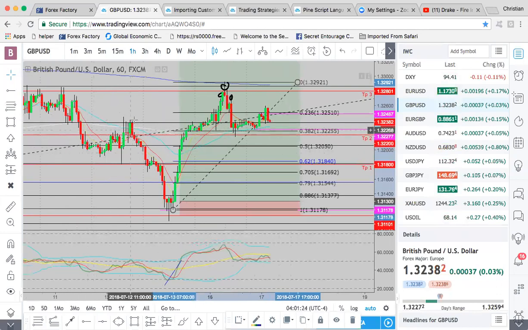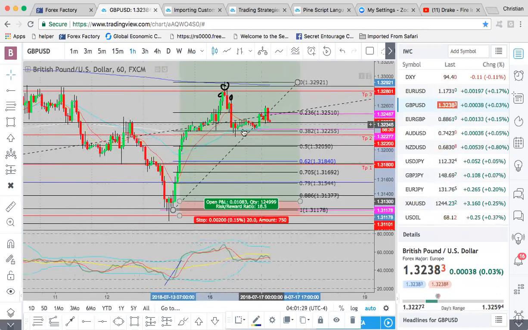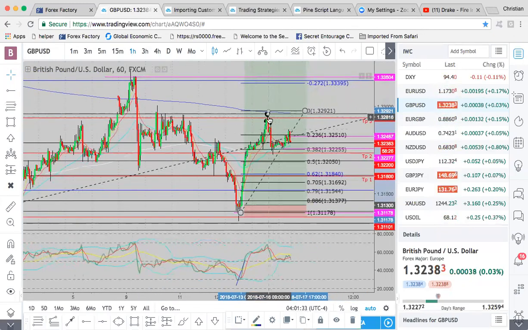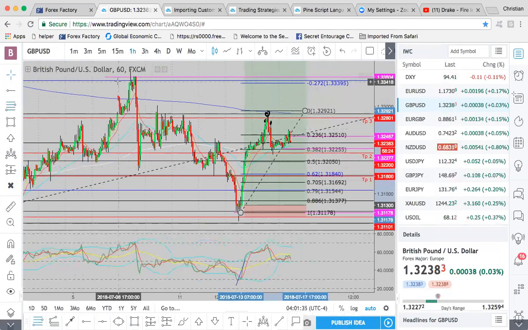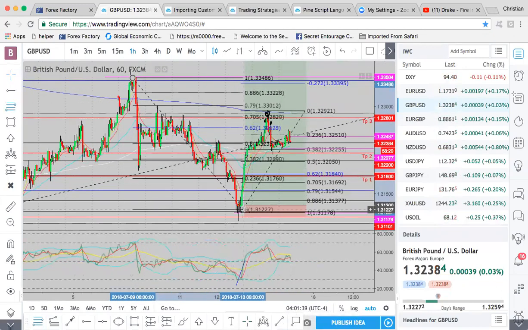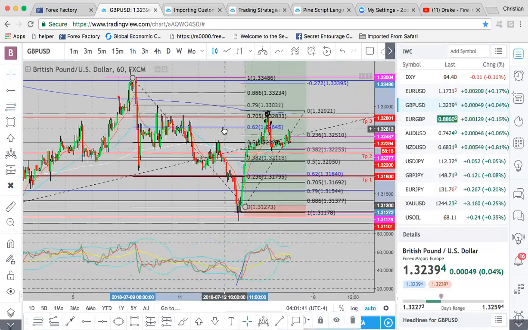Back in our zone right here, you got a nice left shoulder, head. I did like over here, but guess what? They're failing to go higher. But what is this? From this high to this low. Okay. This is why it's in a zone as, look at that, my TP3 zone. Very nice.